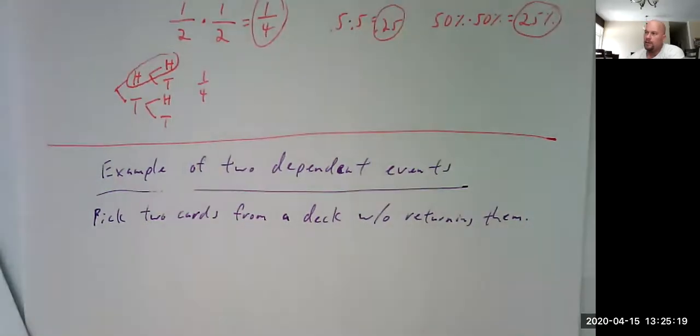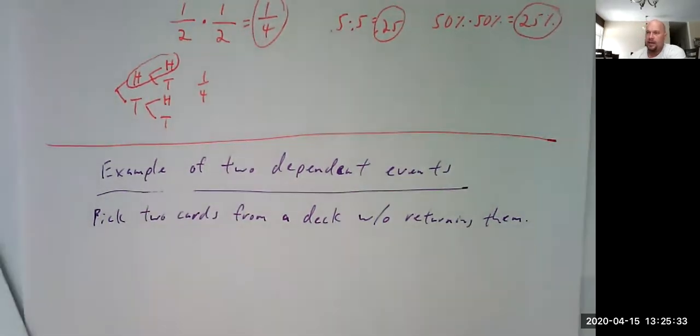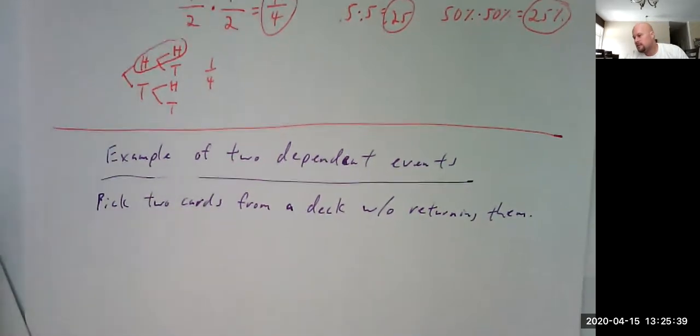So this would be an example of a dependent event, because when we have 2 cards being picked from a deck instead of just 1, you're going to have more than one thing coming out of that same deck. So on the first one, there's 52 cards, but then the second one is only 51 cards.